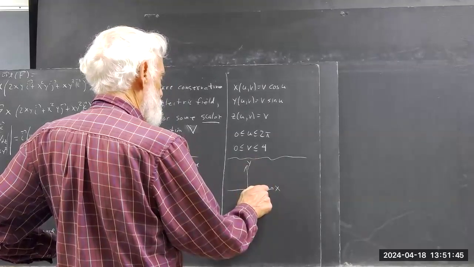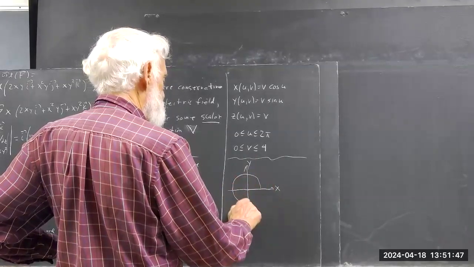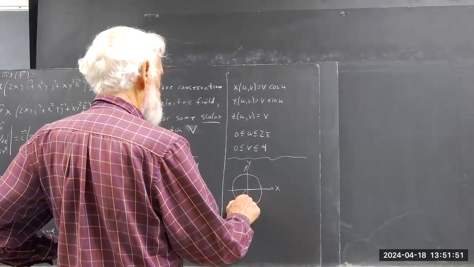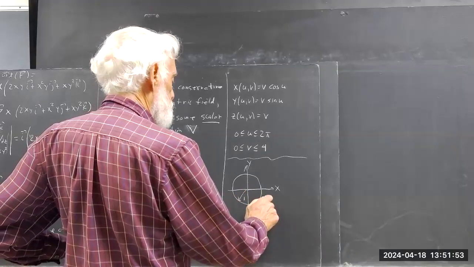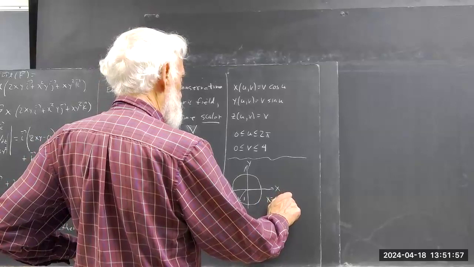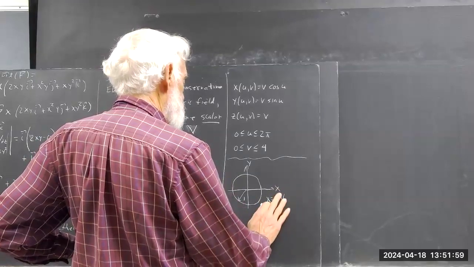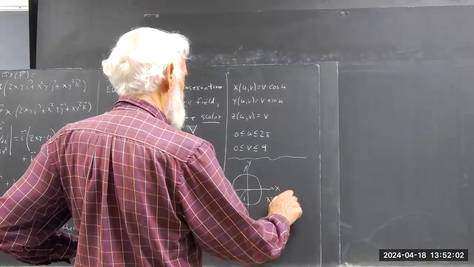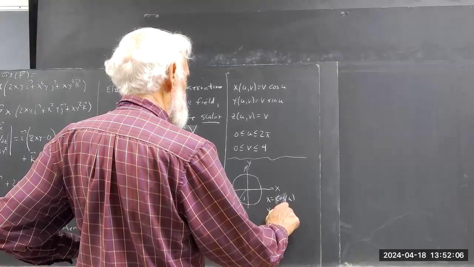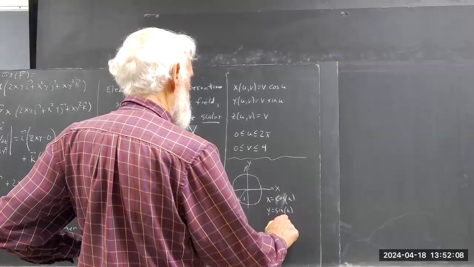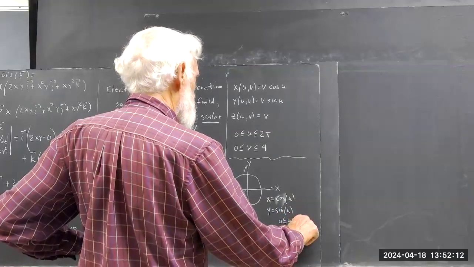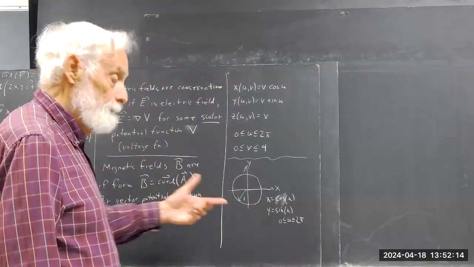In the XY plane, unit circle, x equals cosine of u, u from 0 to pi.